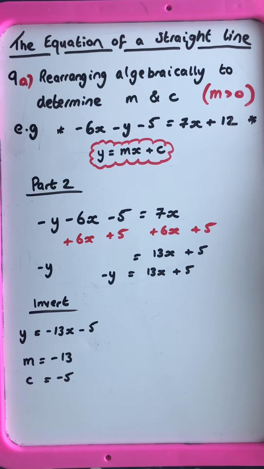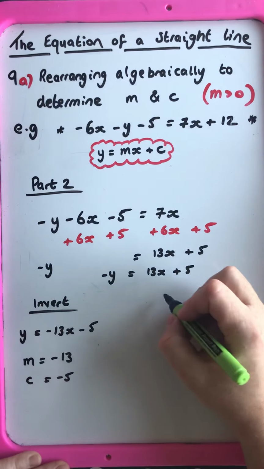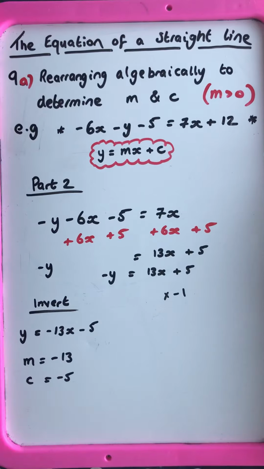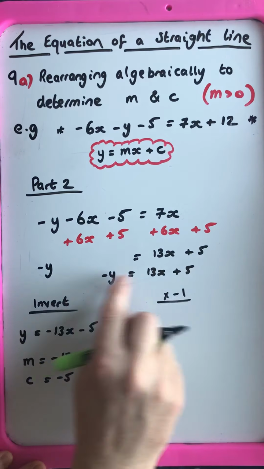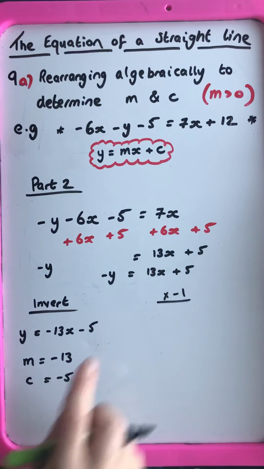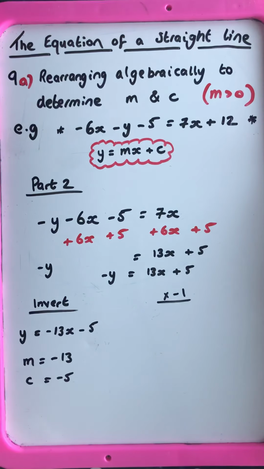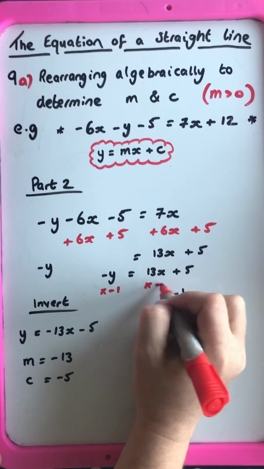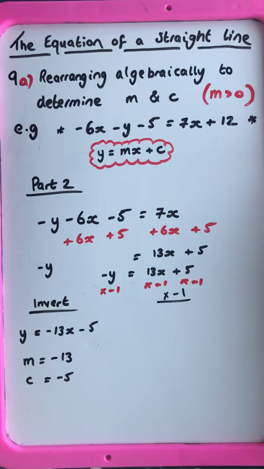What we could also do, which works, is multiply through by negative 1. Timesing all of this by negative 1. Let's just do that here. Negative 1, negative 1, negative 1.